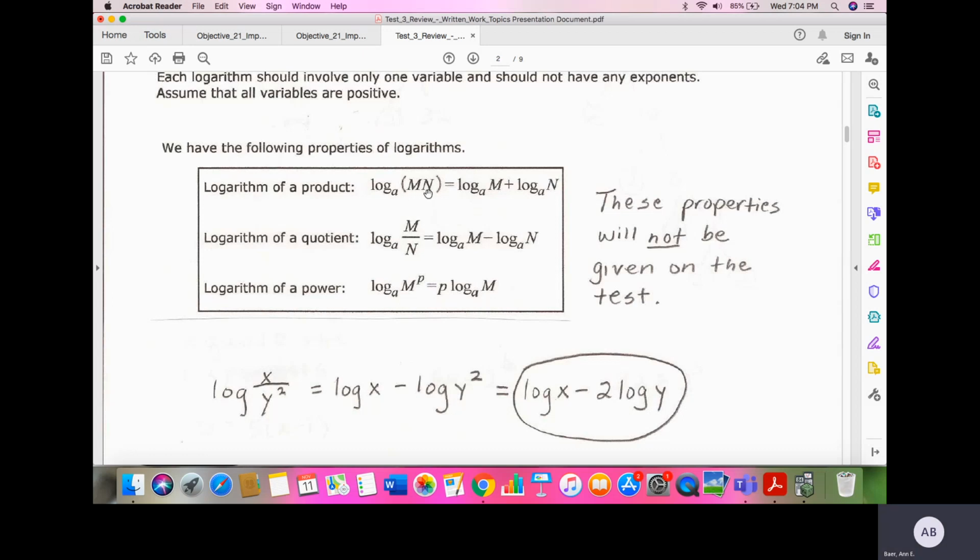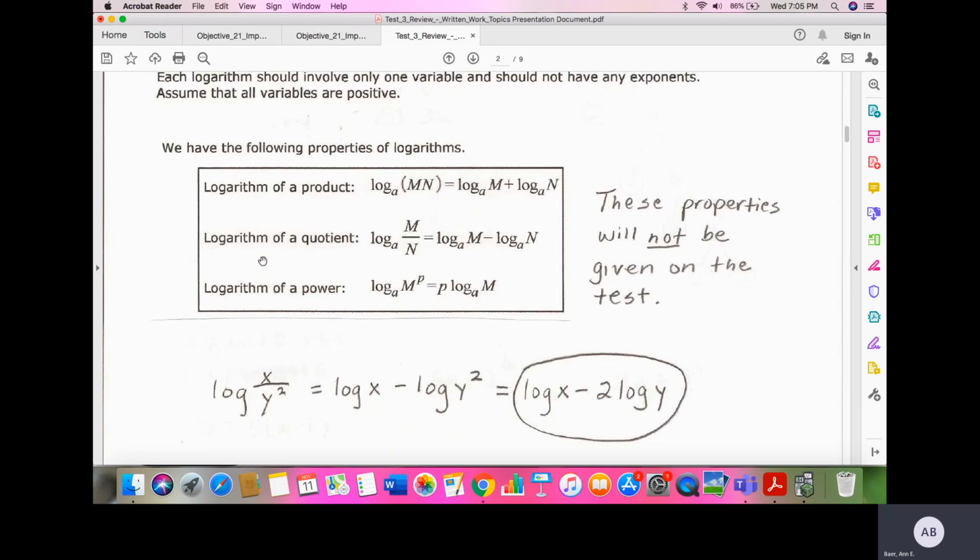What's going on in the argument is that we have an understood multiplication symbol between m and n, so we have a product. So the logarithm of a product rule states that the log base A of a product is the log base A of the first factor, which is m, plus the log base A of the second factor, n.